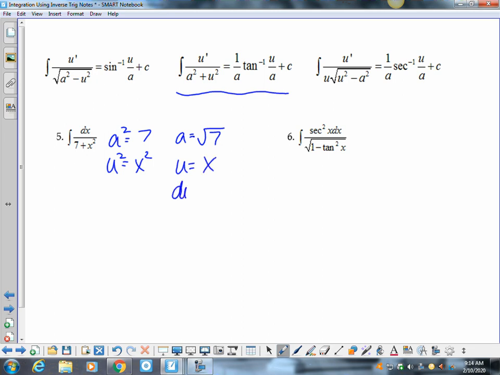And what is my du? Okay. You good? So I am 1 over a, so 1 over root 7 tangent inverse plus c.